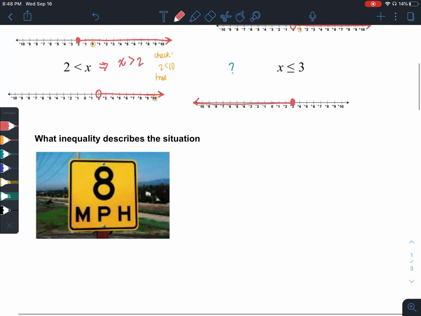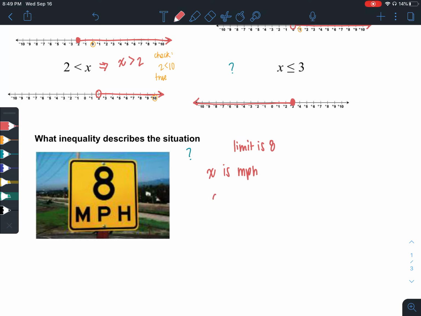All right, for this next one here, it says, what inequality describes the situation? And it says 8 miles per hour. Go ahead and do this one on your own. What you should have said is the limit is 8. So because the limit is 8, we're going to say x is our miles per hour.